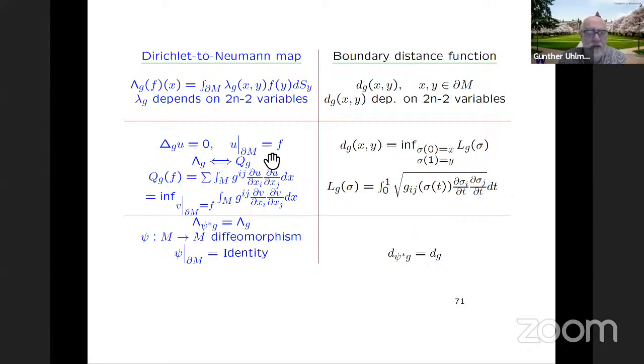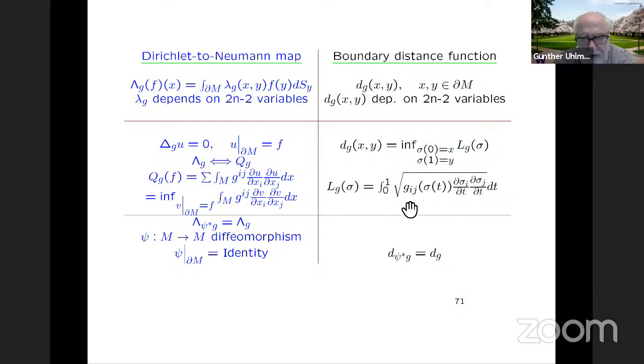Actually, this is a way to solve the Dirichlet problem by finding the infimum over all the functions, sufficiently regular, that give you F on the boundary, and then that's the U. And the distance function is also obtained as the infimum of the lengths of some functional, and in finite dimensions, these are curves.